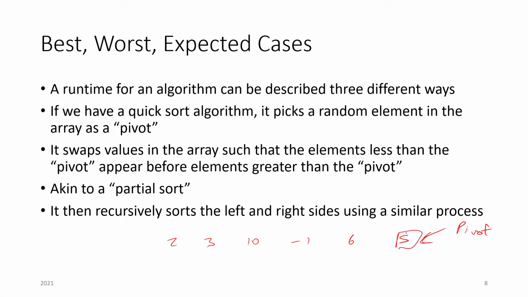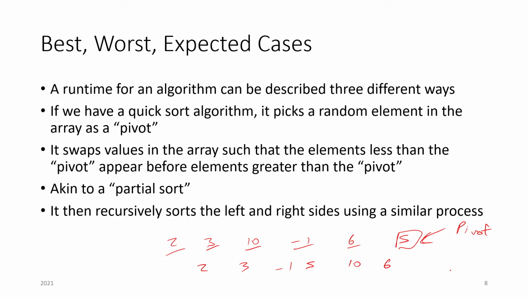So we can say, okay, 5 is here. So we start with 2. 2 is less than 5, so we'll say, okay, yes, that's 2. I'm just going to put 5 here. Then we check 3, that's less than 5, yes. We check 10. 10 is going to be greater than that, so we put 10 here. -1, less than that, yep. Then 6, that's greater. And we basically finish at that point. And then we choose another value and we keep on with the pivots and so forth.